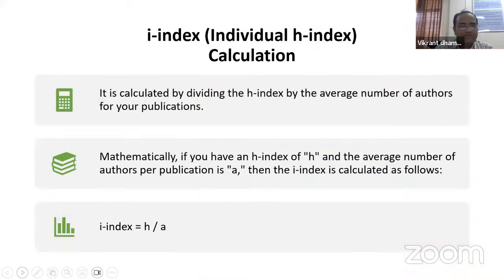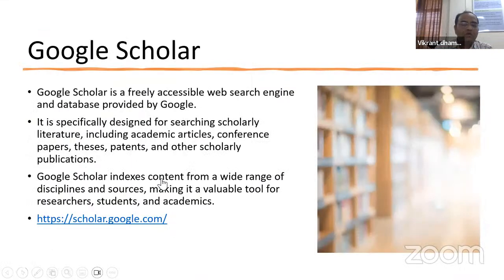We will see firstly Google Scholar. From Google Scholar, we can find out a lot of things, like articles for your research, patents, and conference papers. See this Google Scholar, it is one of the big databases.